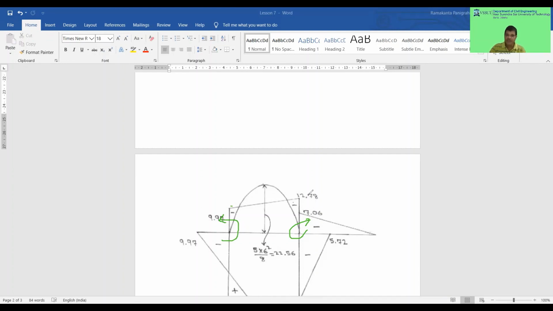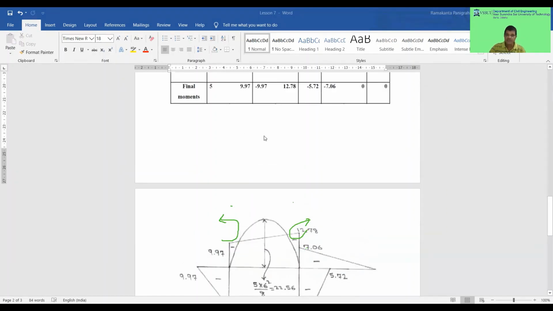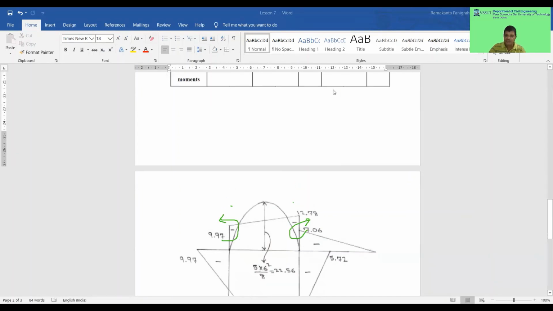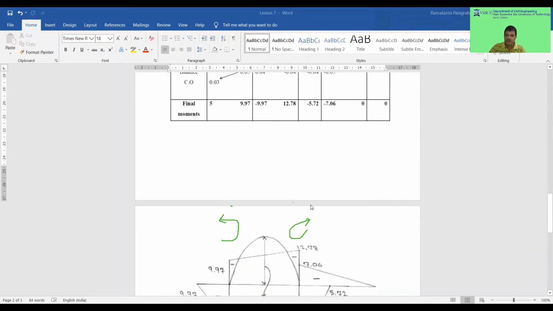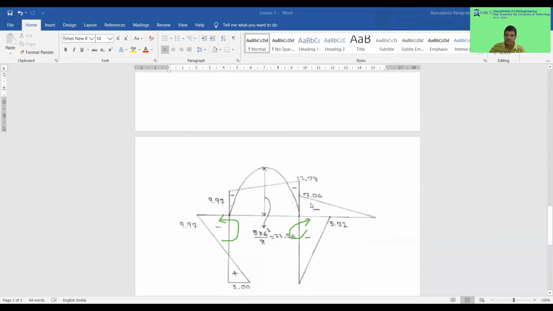Similarly, you can find out the value that comes here, 7.06, and that is minus, and minus 5.2. Minus means again anti-clockwise here, and here also anti-clockwise. Anti-clockwise means negative, so both are put as negative. So from 12 it will come down to 7. Now it will come to 0 here, and from here to here it will be the 0 value.